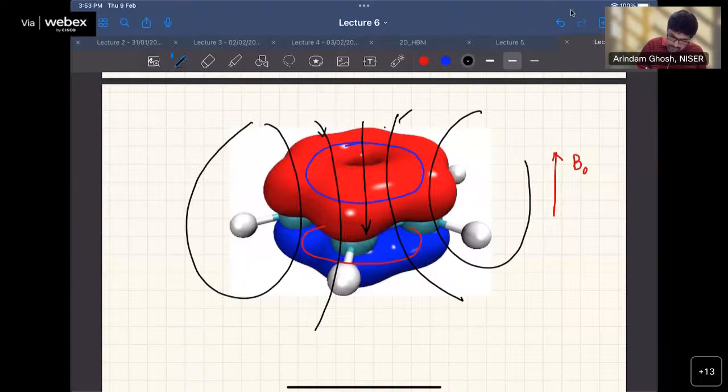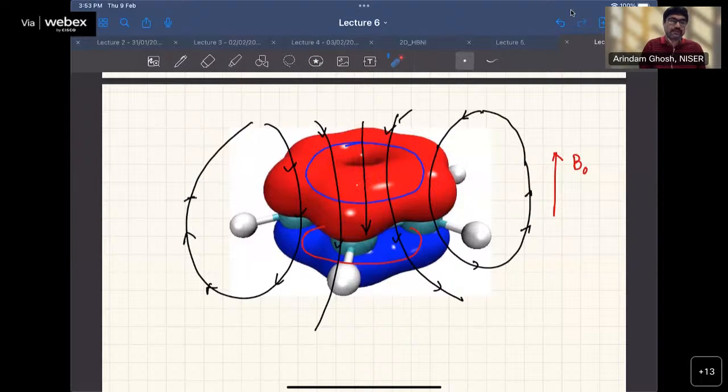It's going down here, and then coming up here, going down, and coming up again. It's going down here, and then it's coming up outside. So these protons which are sticking out of this particular ring are exposed to the outside. They are not in the ring. They are going to see no diamagnetic effect.